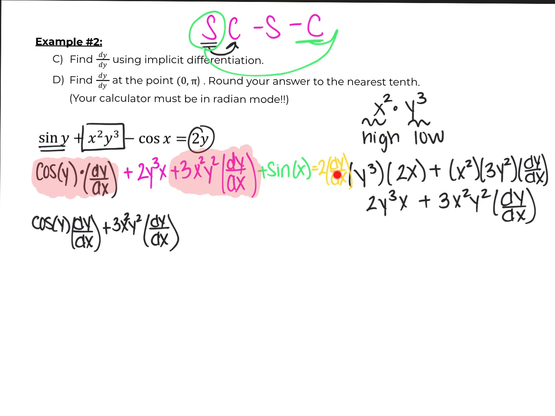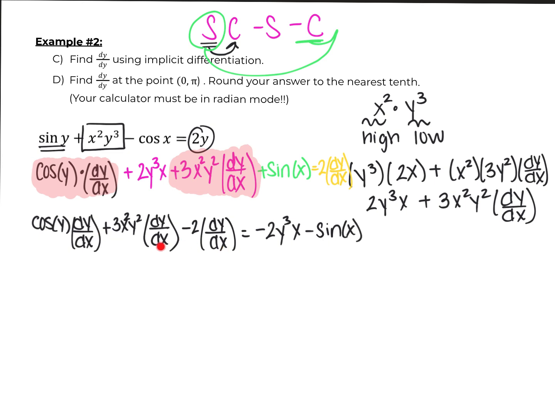And this we're going to bring over here, so we have to subtract it. So minus 2 times dy over dx equals, we're going to move this to this side by subtracting it, so minus 2y to the third x. And we're going to take this term, bring it to the other side by subtracting it, so minus sine of x.